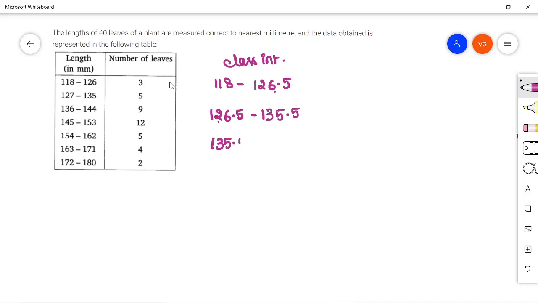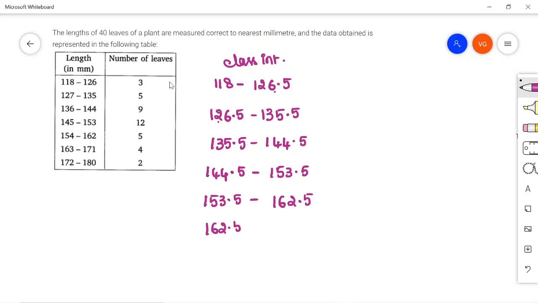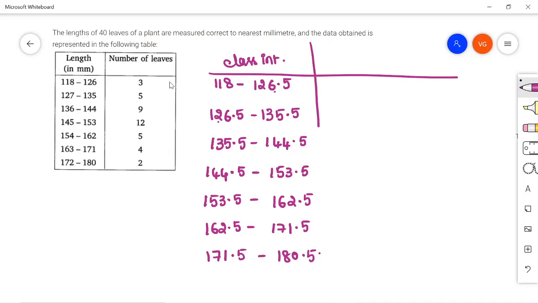Similarly, write 135.5 to 144.5. Next is 144.5 to 153.5. Write down 153.5 to 162.5. Next is 162.5 to 171.5, then 171.5 to 180.5, right? So this is your perfect class interval.